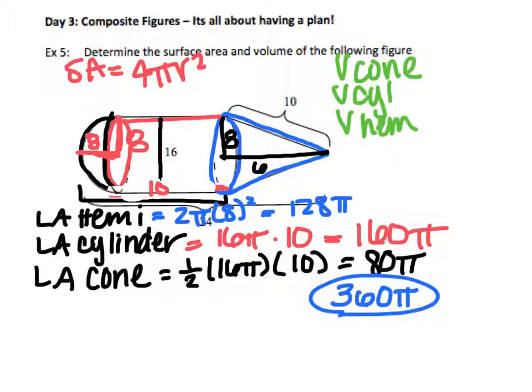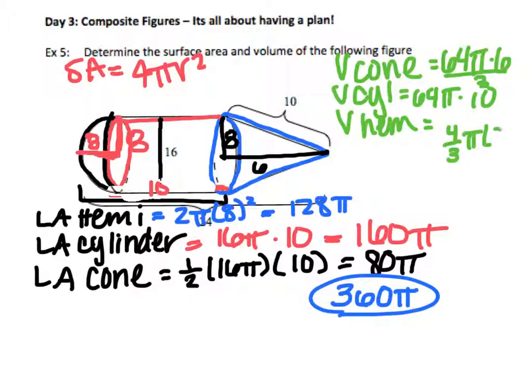So volume of a cone is going to be the area of the base, 64 pi, times the inside height, divided by 3, because it comes to a point. The cylinder is going to be the area of the base, 64 pi, times 10, the height. The hemisphere is going to be 4/3 pi 8 cubed, and this is all going to be multiplied by 1/2.